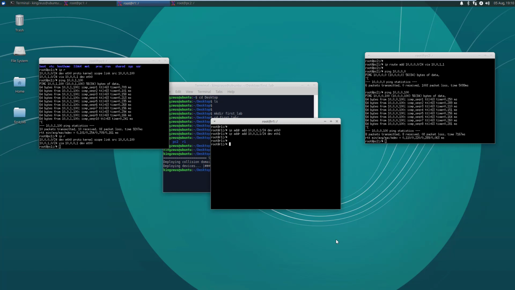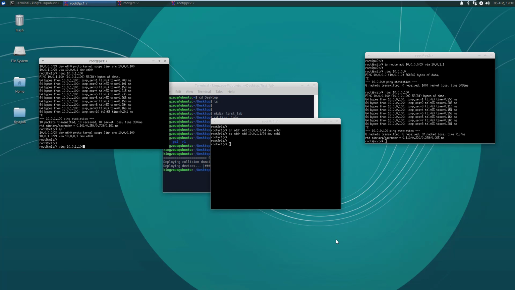This was our lab. One of the things that is left is to show you how to get a tcpdump. tcpdump -ni eth1, and then we need to get the ICMP packets.